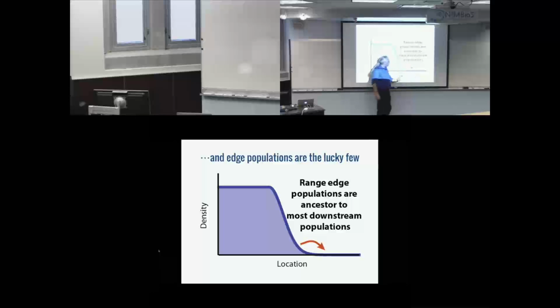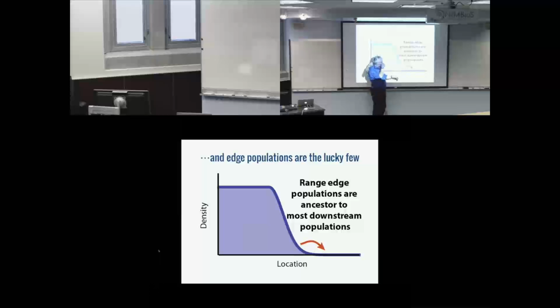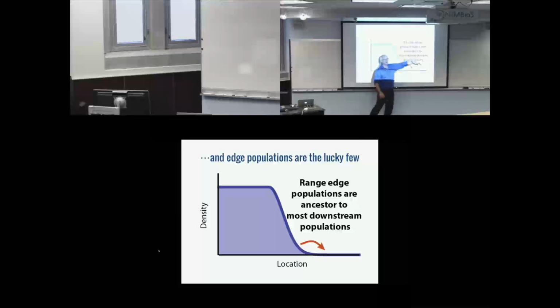So the most likely ancestors of the future population that'll be over here are the individuals somewhere here on the edge. They have two features. One, drift, because of their small population size, and two, they're super lucky in that they're close to all this empty resource that they might expand into in the future.